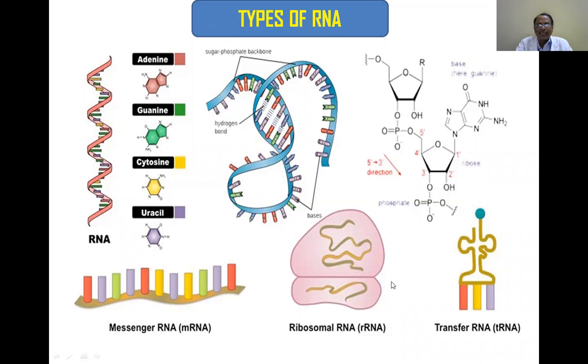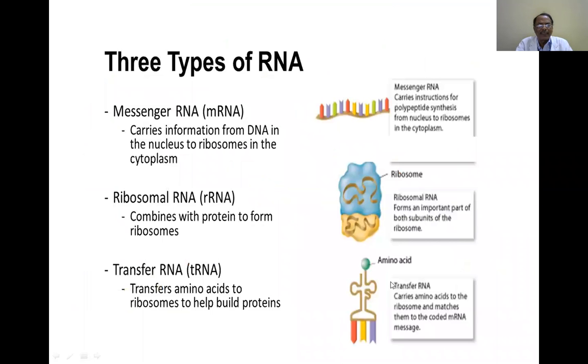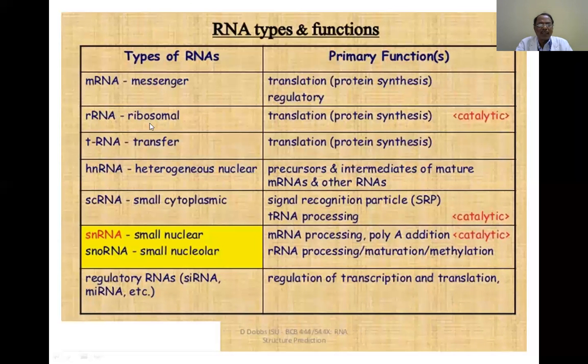Apart from that, there are what are called small RNAs. Some are in the nucleus, some are in the cytosol. In the nucleus, snRNAs, small nuclear RNAs, process the mRNA that is being liberated.